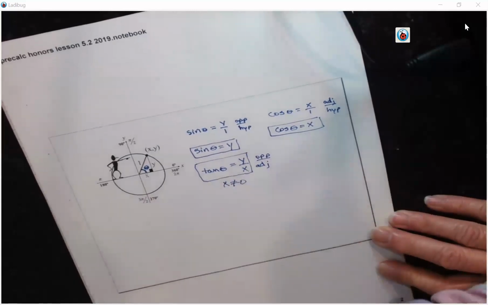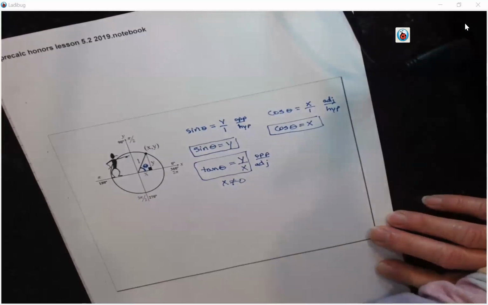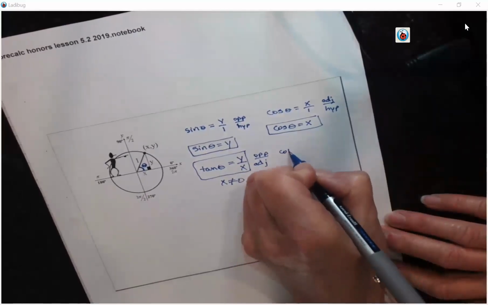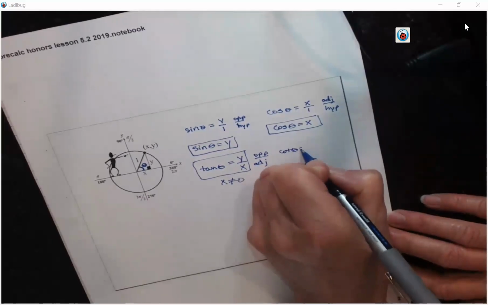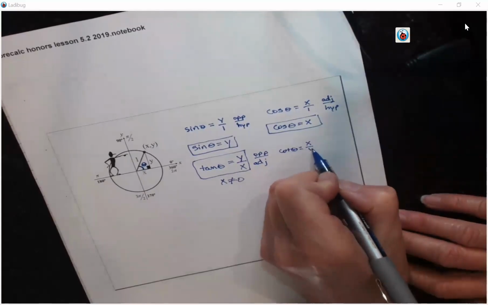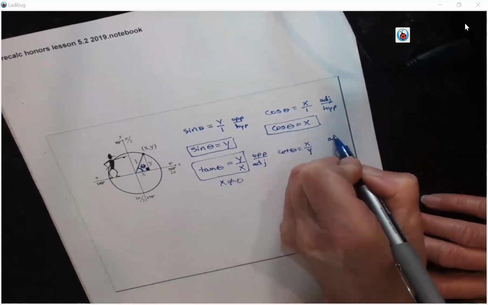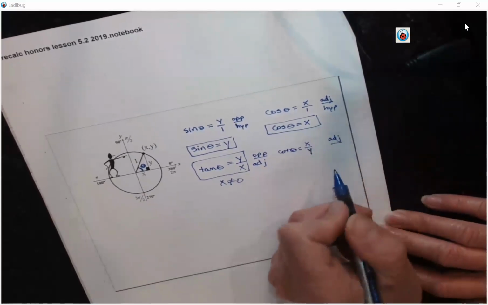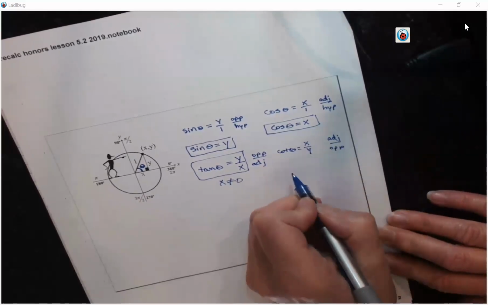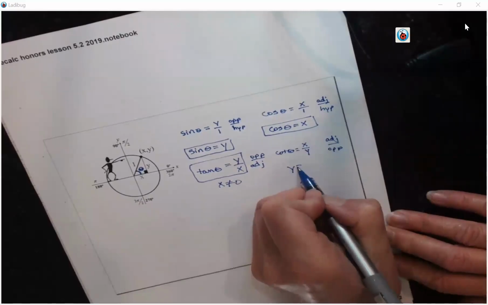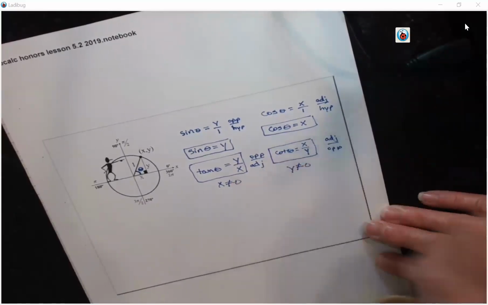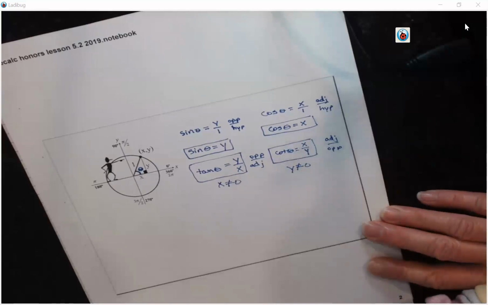So there's 3 of them. We can take their reciprocals, the cotangent of theta. That's just simply the reciprocal of the tangent of theta. So that's going to be x over y. That's adjacent over opposite. And of course, in this circumstance, y cannot have value 0, or we would not have a definition for the cotangent of theta.